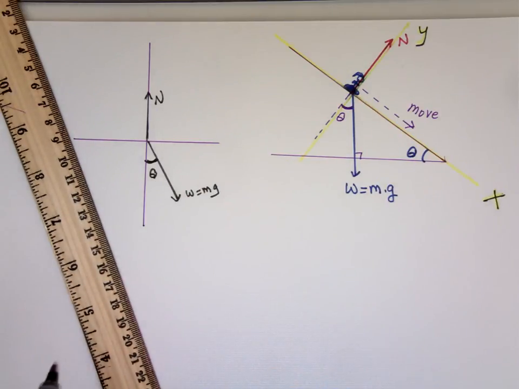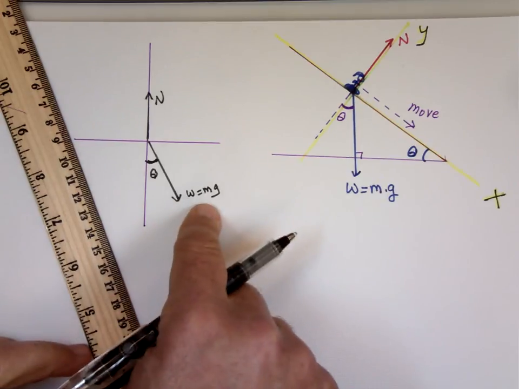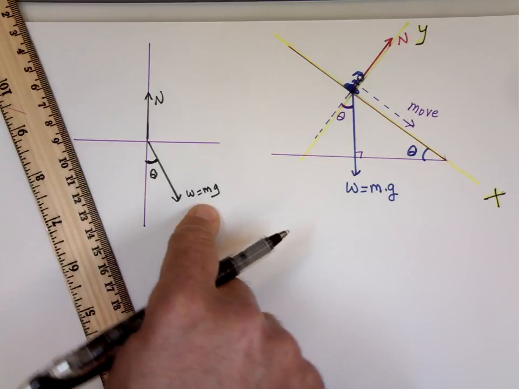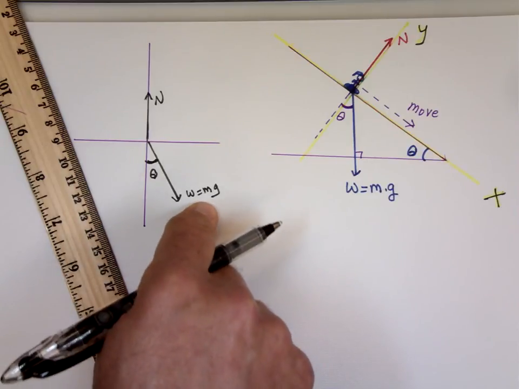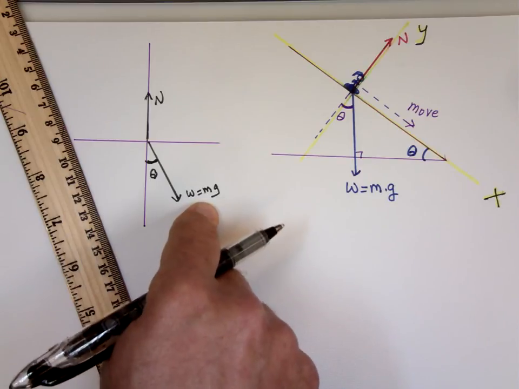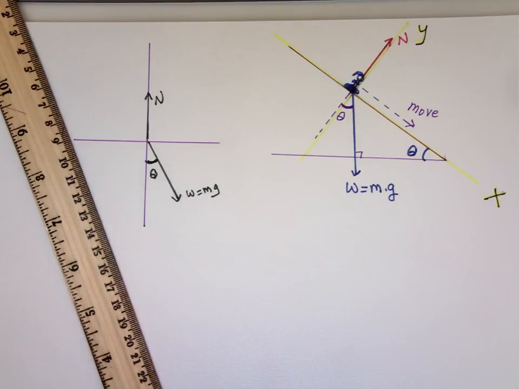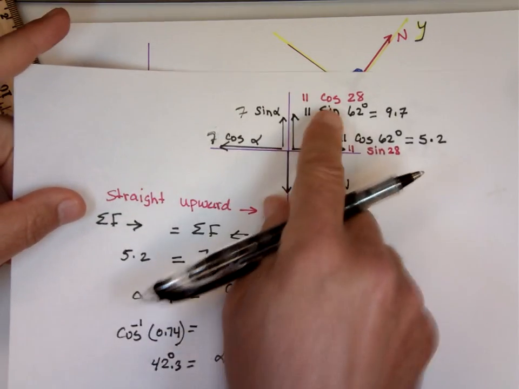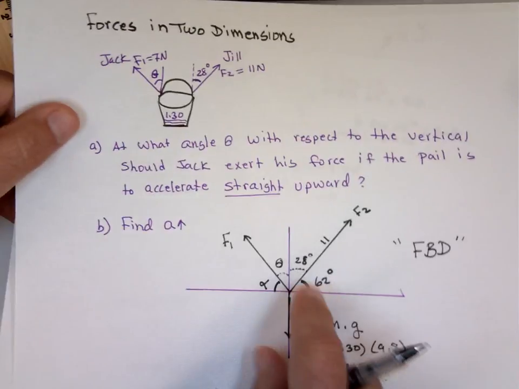So when you break that vector into x and y components, we need to remember the picture I wrote here. Remember, the 28 was with respect to the y, and the 62 was with respect to the x.